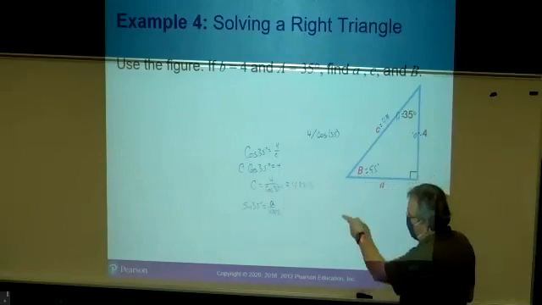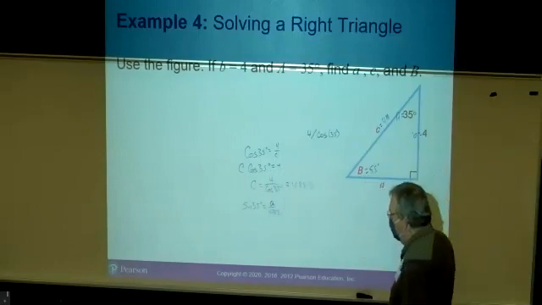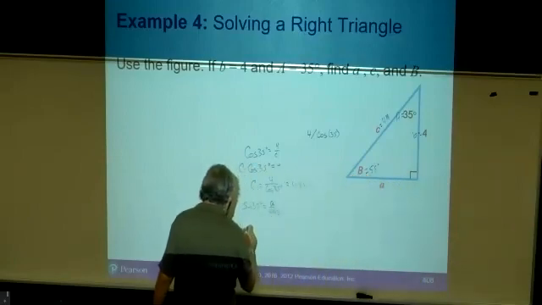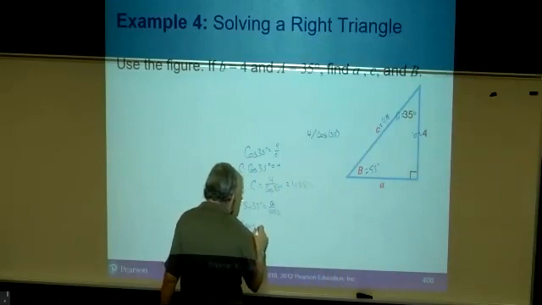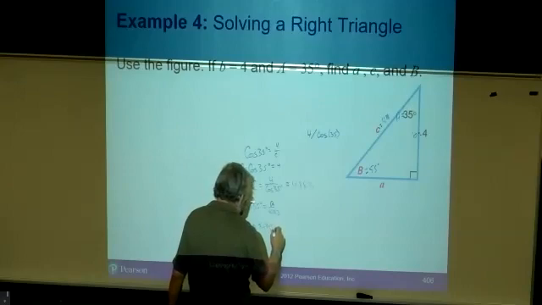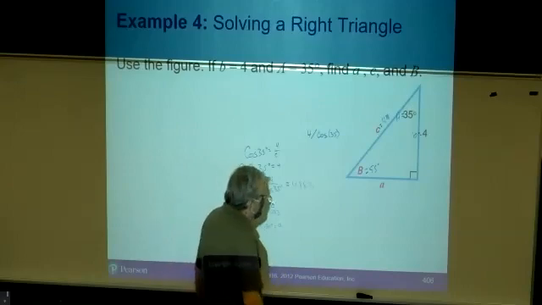And so in this case, I just need to multiply both sides by 4.883. So 4.883 times the sine of 35 degrees is what A is.